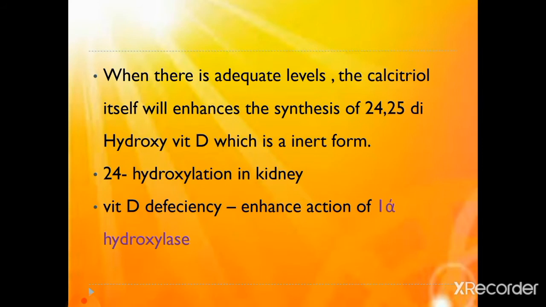It remains in our body as an inert form and is not activated; 24-hydroxylation takes place in the kidney. And when there is a vitamin D deficiency, calcitriol is not up to the level, which enhances the action of 1-alpha-hydroxylase for further activation of vitamin D.